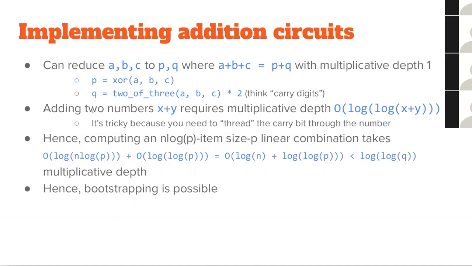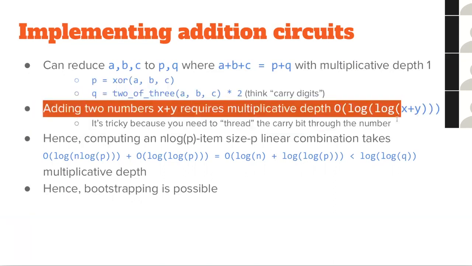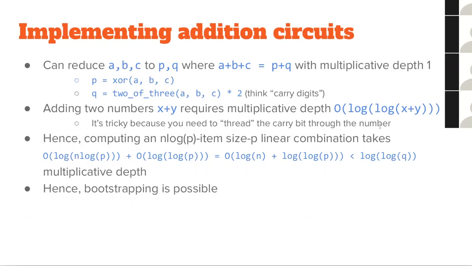Now, the reason why adding circuits have this non-logarithmic multiplicative depth is basically because you have to worry about threading the carry bits through the number. And in the code that I'll link to later, I have algorithms for doing this. So in general, computing a linear combination of size n log p is going to take size. So first of all, you have these n numbers, and second, you sum the n numbers together.